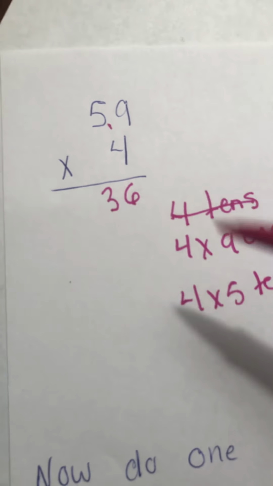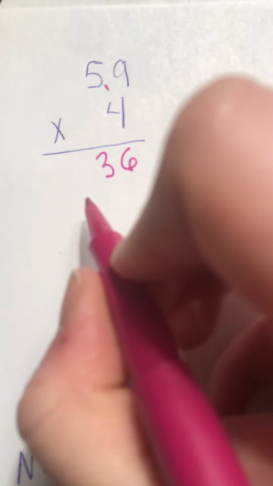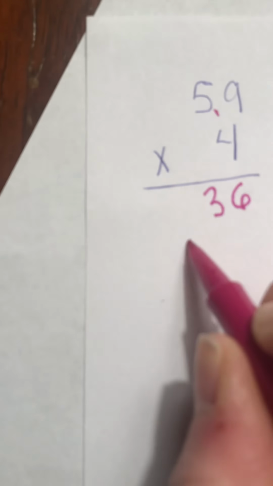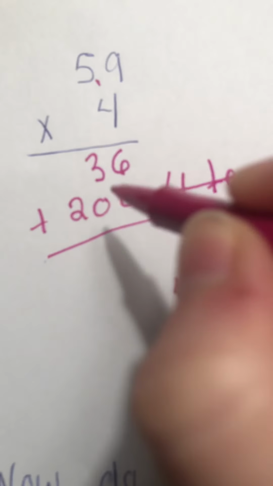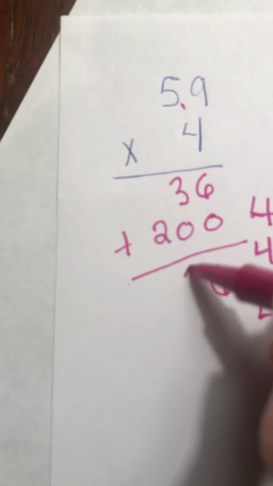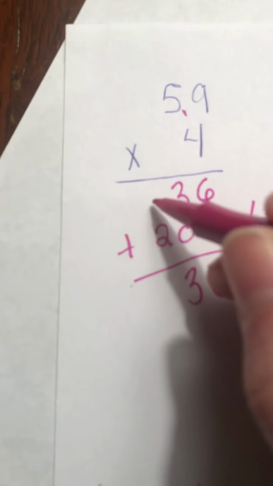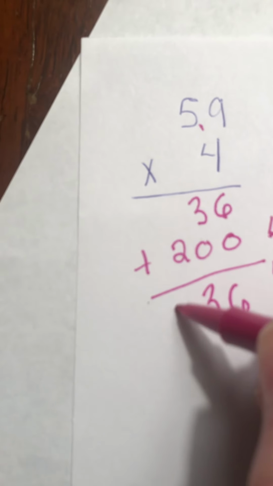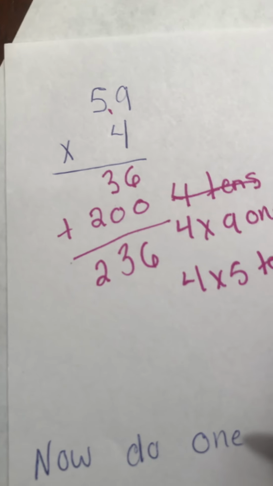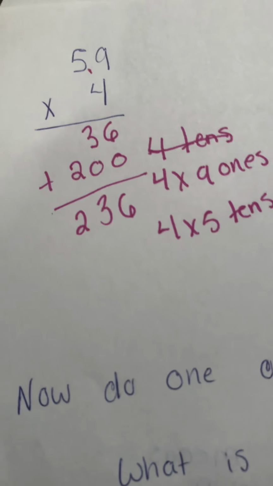I need to add another 0 because I multiplied it by 10, which means that 4 times 50 is 200. Right? When I add those together, 6 plus 0 is 6, 3 plus 0 is 3, 2 plus nothing, because there's nothing up there, is 2. So that means the product of 59 times 4 is 236.